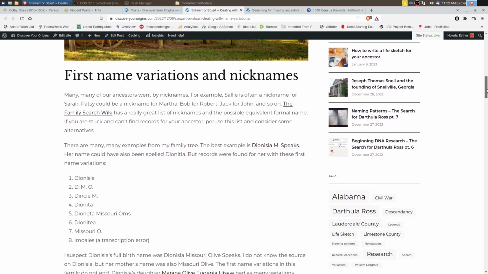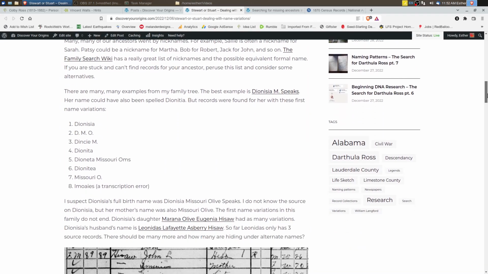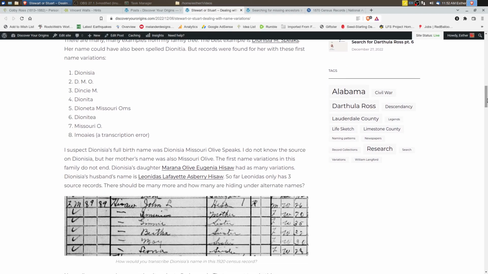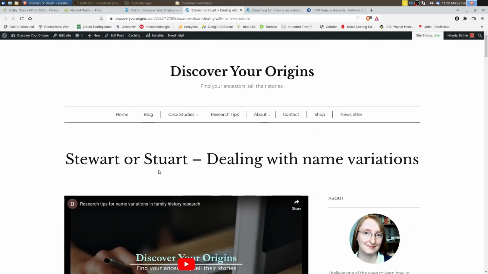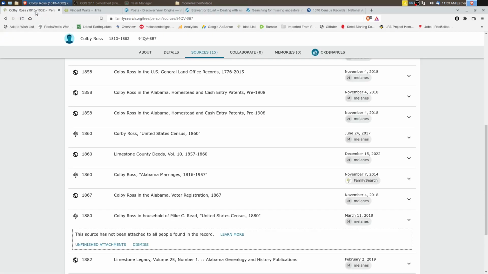But you may need to search using nicknames, initials, various types of spelling. I have some examples in this article that I wrote previously on Stewart or Stuart, which was spelled two different ways, of different name variations that you can use when you're searching the census for your ancestor.